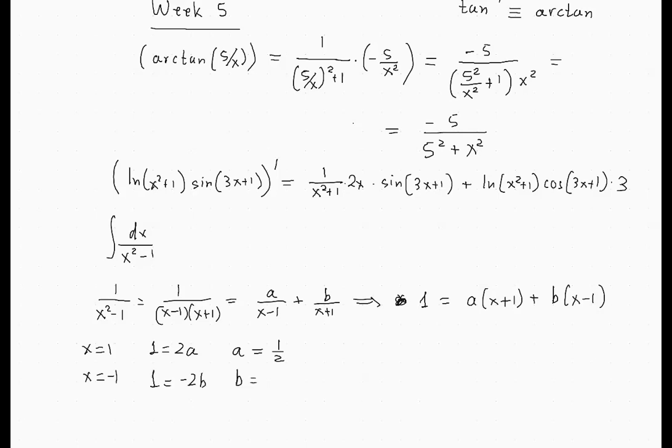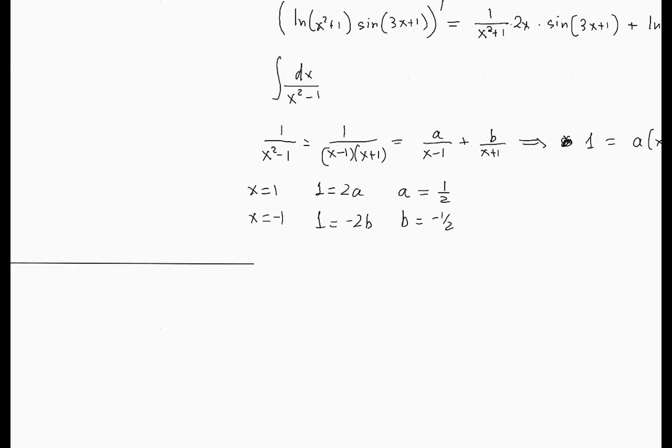So this means that the integral of dx over x squared minus 1 can be written as the integral of 1/2 times 1 over x minus 1, plus or minus, if you like, the integral of 1/2 times 1 over x plus 1, dx.